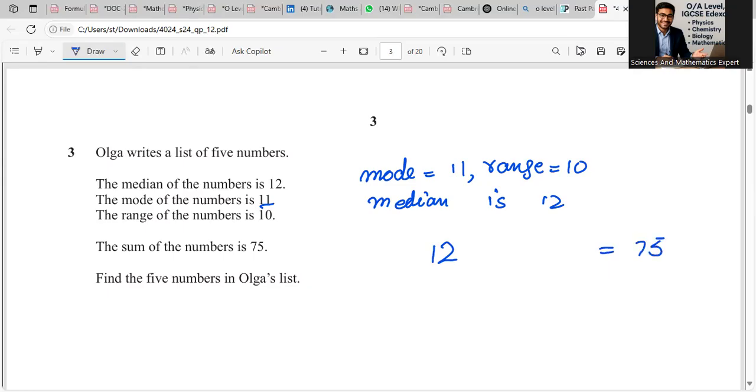Then I say here the range is 10, and 75 over 5 numbers. He said the range of the numbers is 10, so maximum minus minimum. I will say x1, x2, x3, x4, x5. So I'm saying x5 minus x1 is equal to 10.